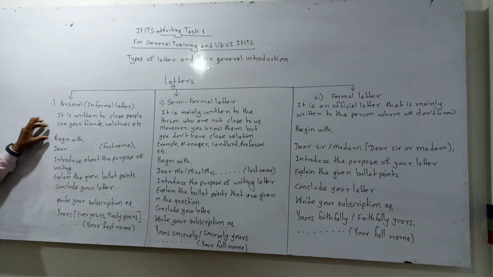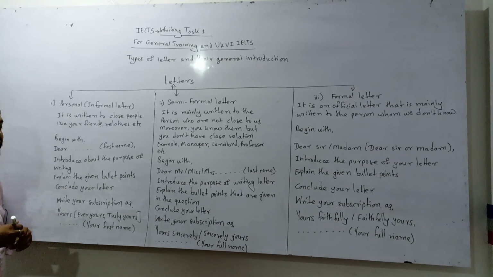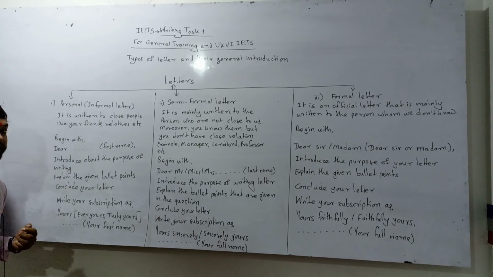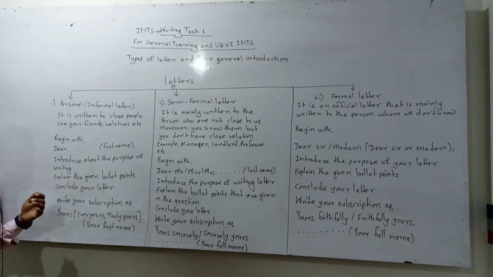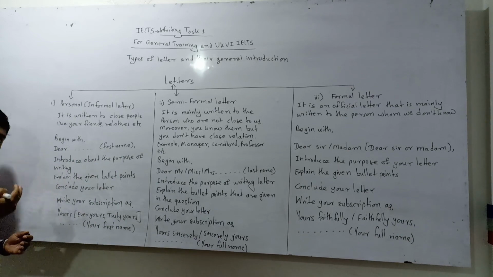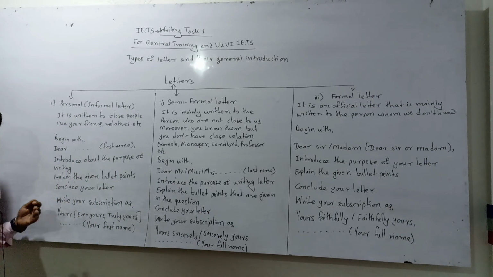When you write a personal letter, you should always begin by saying dear: dear father, dear mother, dear brother, dear sister for family relations, and dear plus the first name for a friend. For example, dear Raghav, dear Ram, dear Sam.